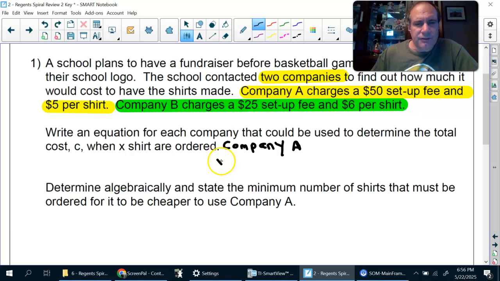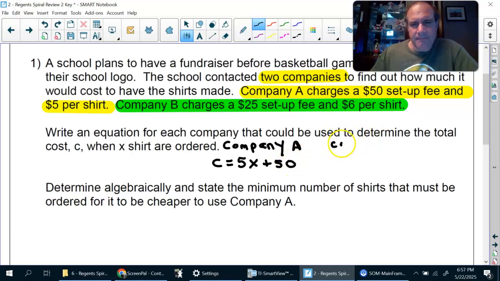So we're going to start with y equals $5 per shirt, 5x, where x is the number of shirts, and the total cost, which I'm going to call C. So C equals 5x, and then plus the $50 setup fee for company A.